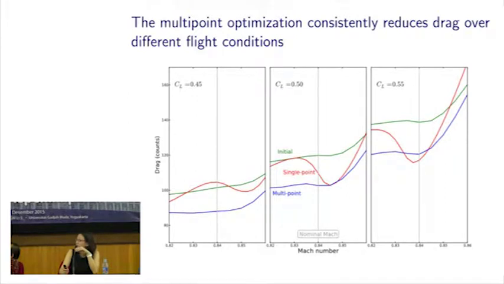The green lines correspond to the initial design, red lines correspond to the single point design, and blue lines correspond to the multi-point optimized designs. We can see that the single point really results in localized performance gain. The reduction in drag is only at a certain area, whereas with the multi-point optimization, we can obtain a more consistent performance gain, which is desirable.